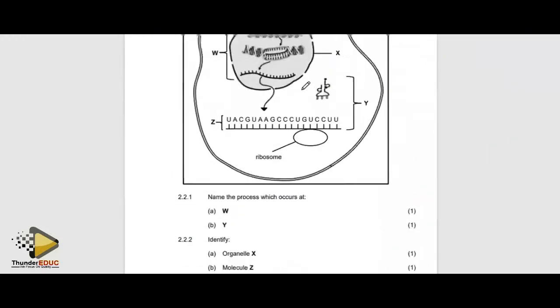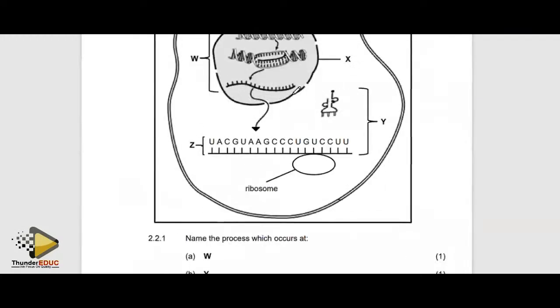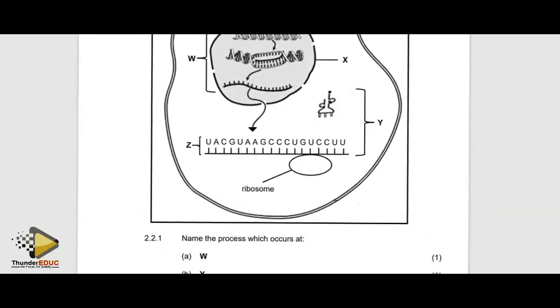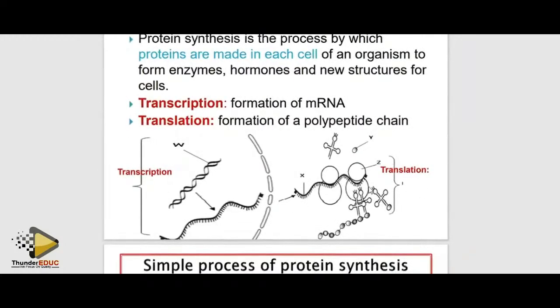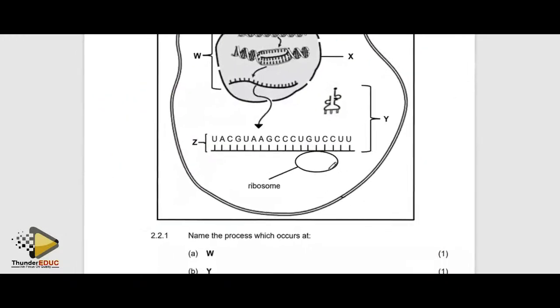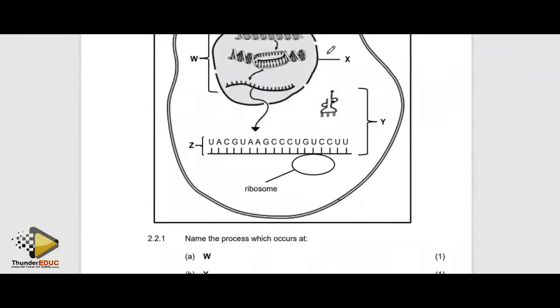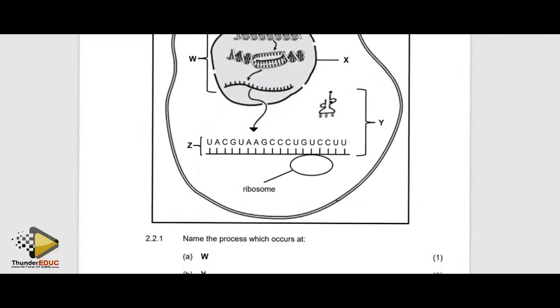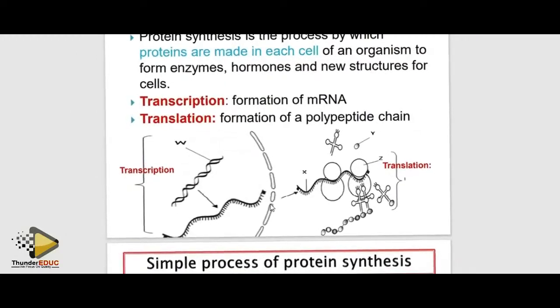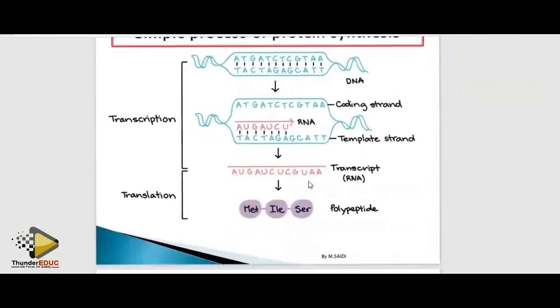Then they're saying, name the process. Obviously, if you have transcription, this one is going to be translation. So they are looking for translation. Then they are saying, identify organelle X. Organelle X is this wall.